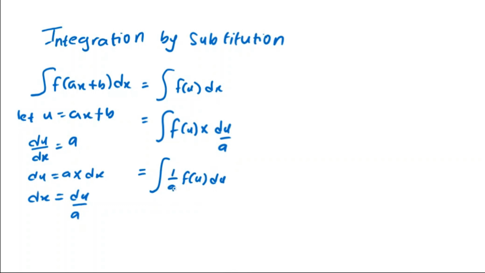Now we have an integral law that states that once you have a constant in an integral, you can factorize that constant out. So this is the same thing as saying 1 over a, factorized as a constant, still multiplied by the integral of f of u du. So it means that the integral of f of ax plus b dx is going to give you 1 over a times the integral of f of u du.